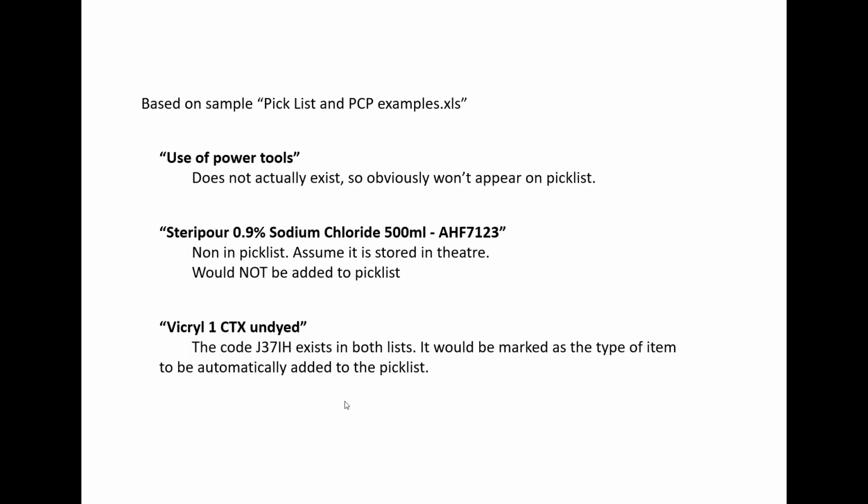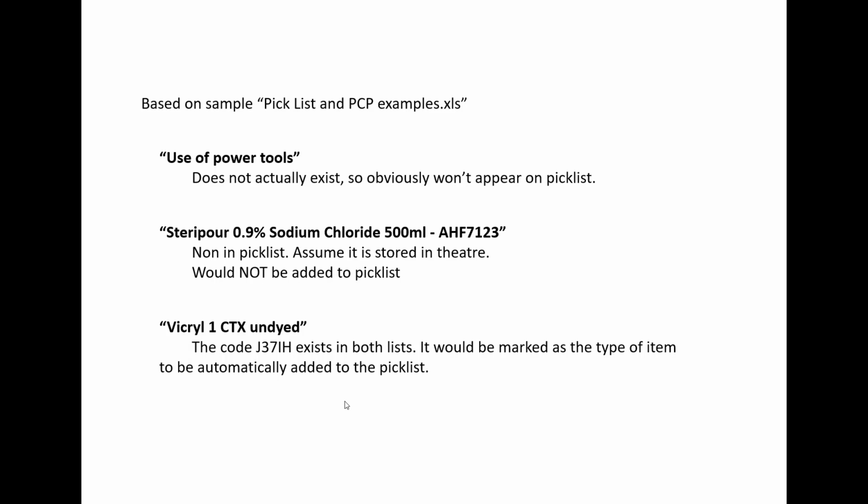You've also got an item which is Steripor 0.9% sodium chloride, and it's not in the pick list as well. So I assume it's something that you've got stored in theatre, and so it's something that is not going to be added to the pick list. So you've now got two types of things: your service type items, and then these items that are in theatre only, not on the pick list.